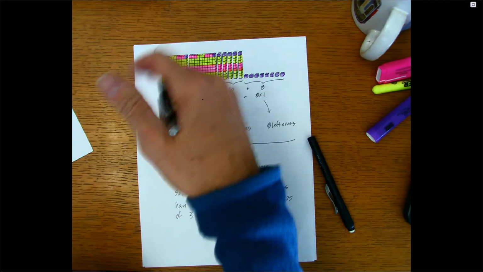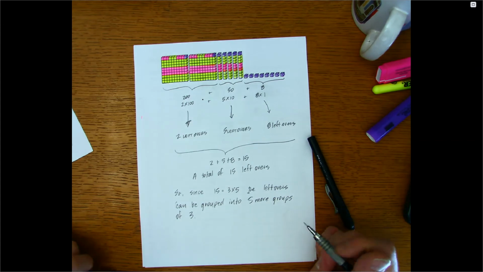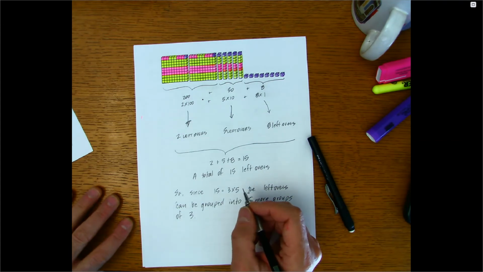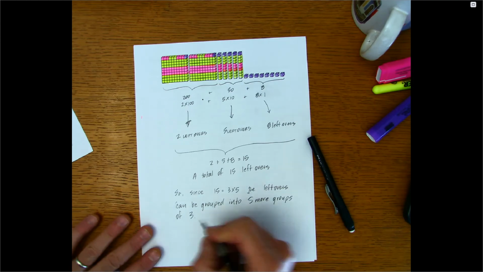So that means the whole thing can be grouped into a certain number of groups of 3. So if it can be grouped into a certain number of groups of size 3, then obviously it's divisible by 3.